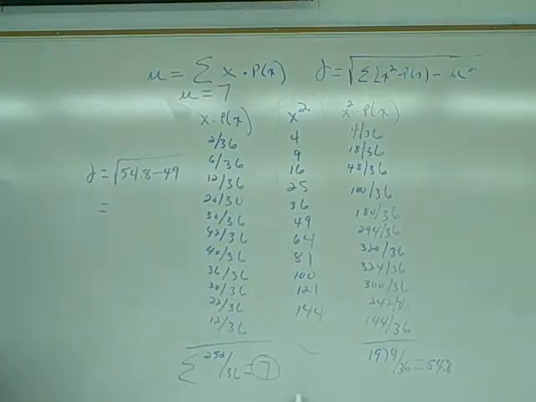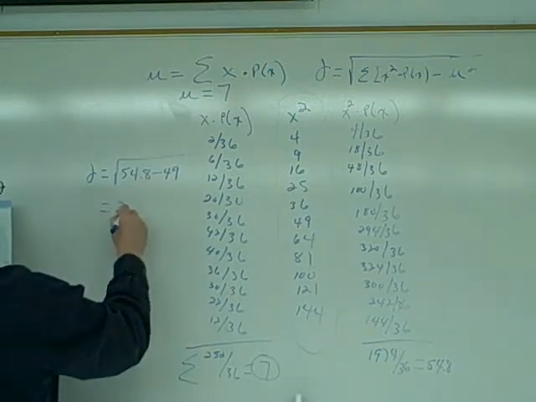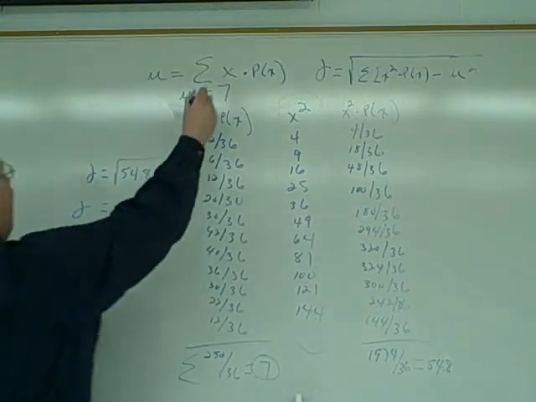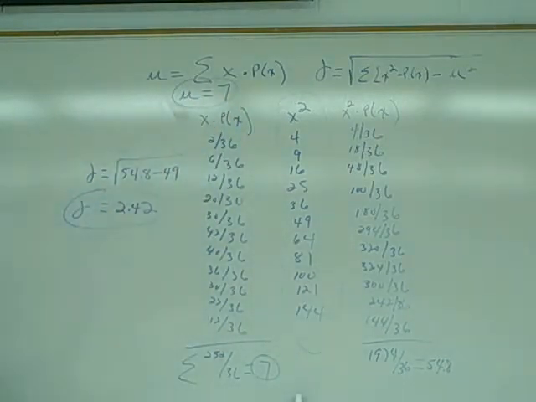So I get the square root of 54.8 minus 49, which is going to give me 2.42. That's the standard deviation. So I have a mean of 7 and a standard deviation of 2.42 with this probability distribution.